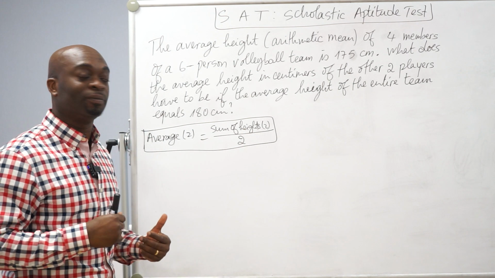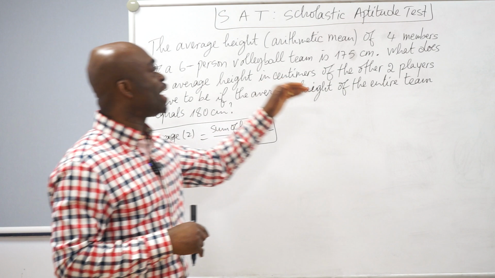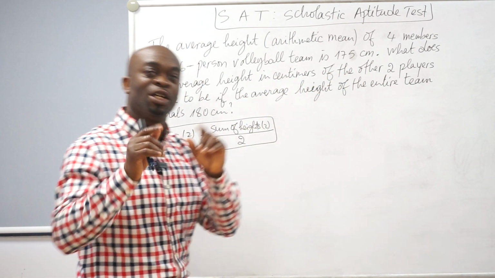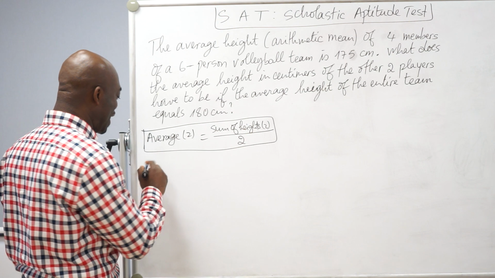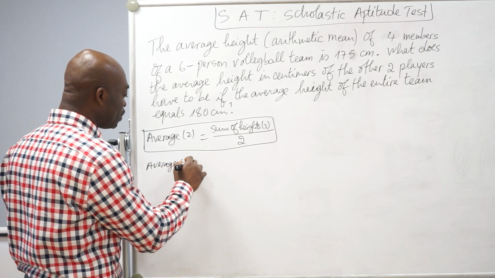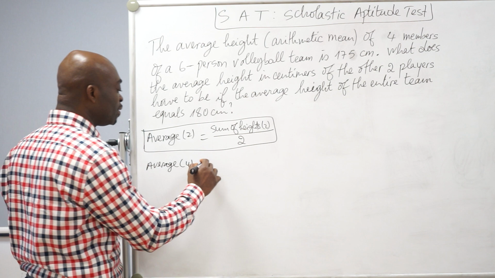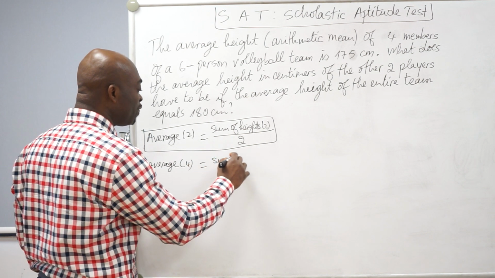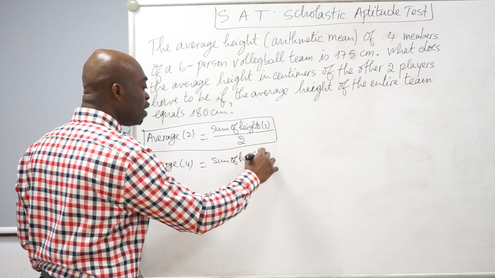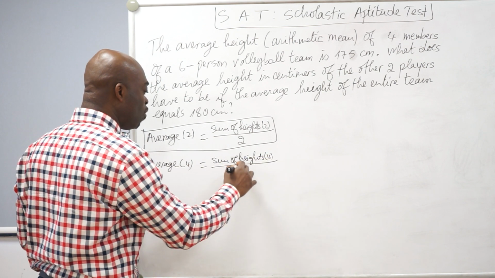Now, what do we know? We know that the average height for 4 members is 175 centimeters. So let's see how we can represent that. The average for 4 players equals the sum of the height of those 4 players divided by 4.